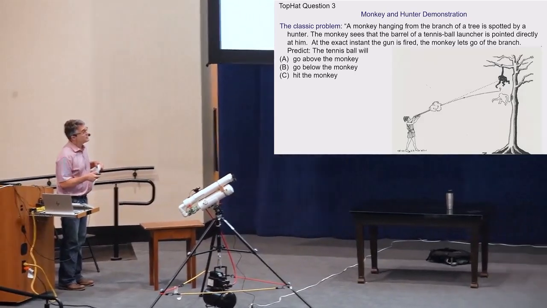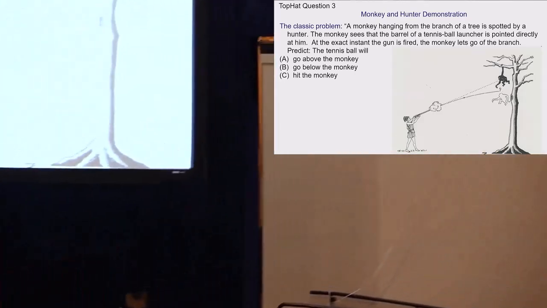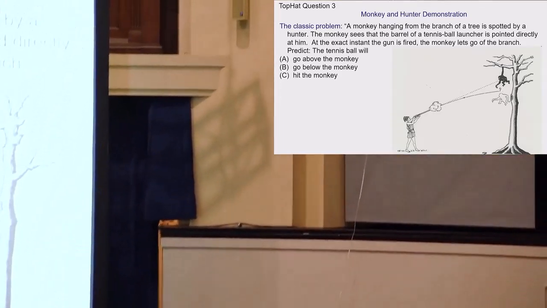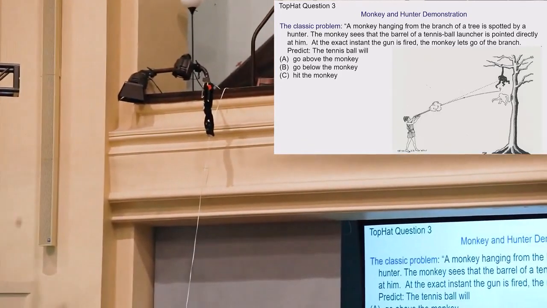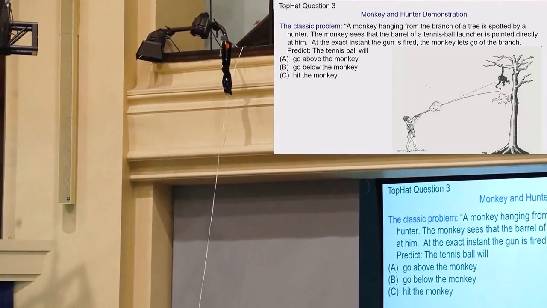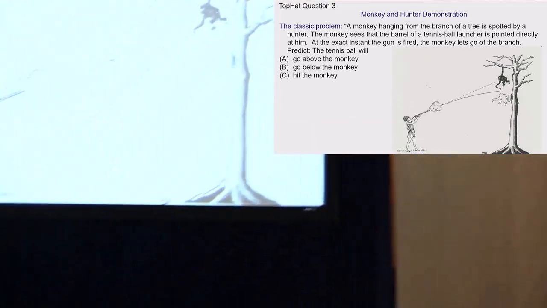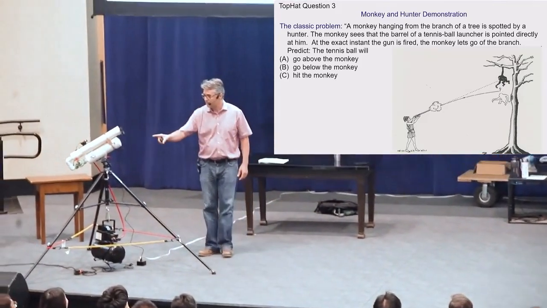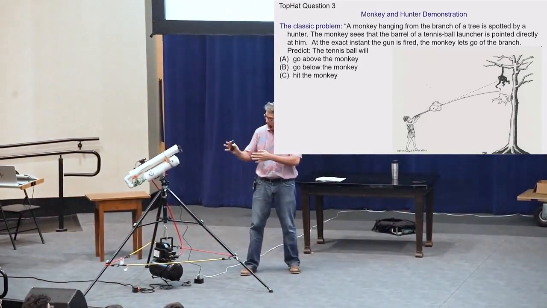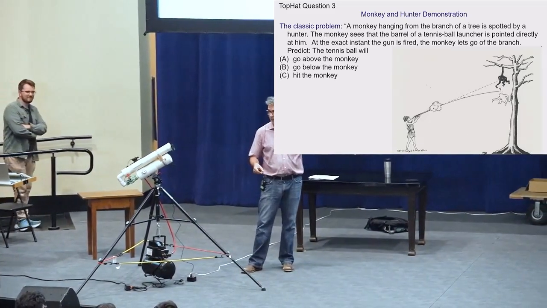She donated this monkey to the physics demonstration bin, and John found it. He's hung the monkey from an electromagnet up there. The wire comes down around here and is connected to an infrared beam. If I break the beam, it turns off the magnet and the monkey falls.